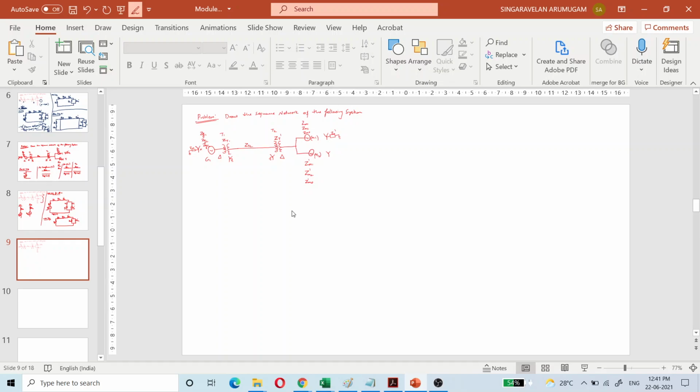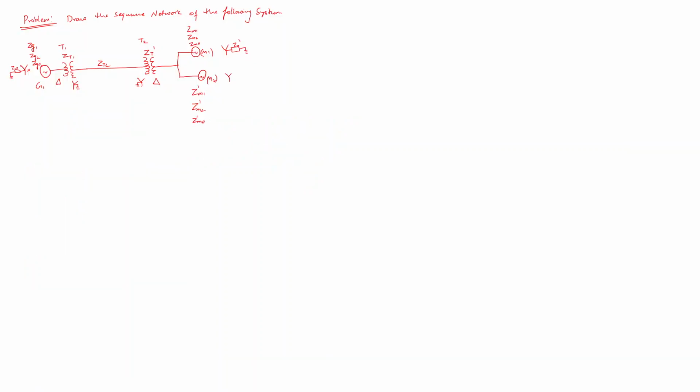Okay, so how to do it? So it is the zero sequence for all the network. Here we need to apply the switch concept.